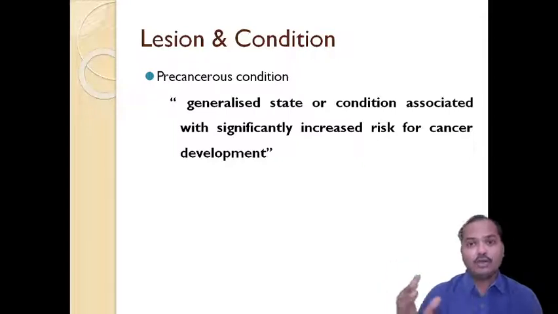Instead, the whole of the tissue in the oral cavity will show certain characteristics which are in an altered state, and those characteristics themselves have an increased predisposition to conversion towards cancerous cells or malignant changes. So then it is called a precancerous condition.